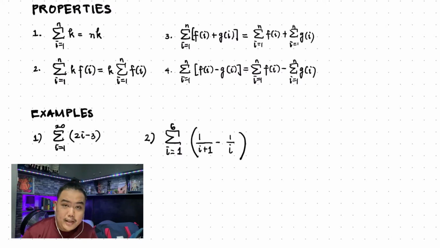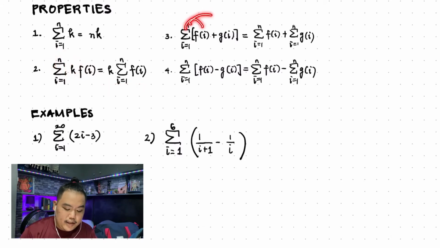And for property number 2, if you have a constant dito sa expression mo, constant times something, expression in i, pwede mong ilabas yung constant as long as independent siya of the index i. Pag wala kang nakikitang i, tapos product, pwede mong ilabas yung k. That's why you have this.